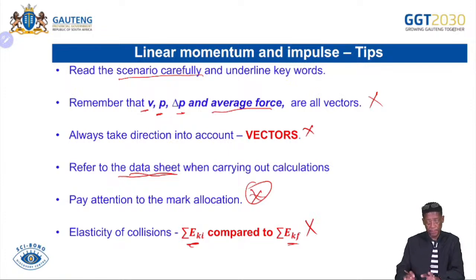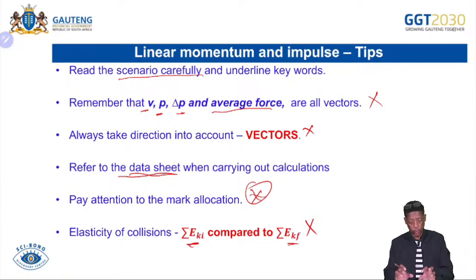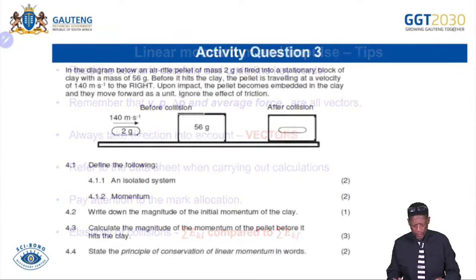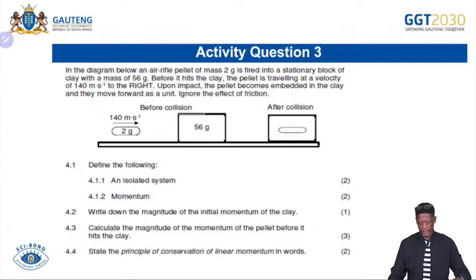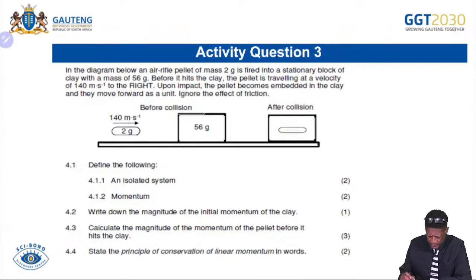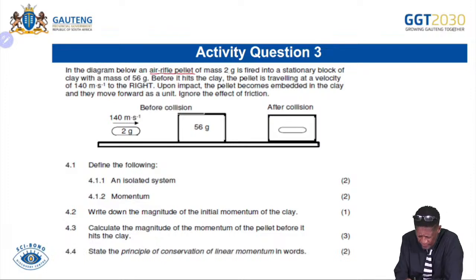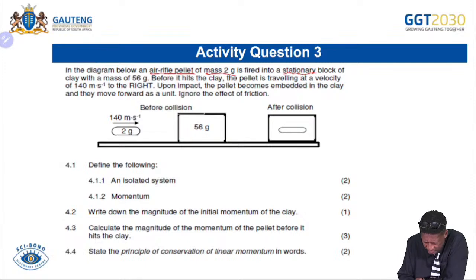These are the tips that you must look into as you are sitting tomorrow writing the question. All right, let us go to the question itself and then we move faster. We read the diagram below. An air rifle pellet of mass 2 g is fired into a stationary block of clay of mass 56 g.